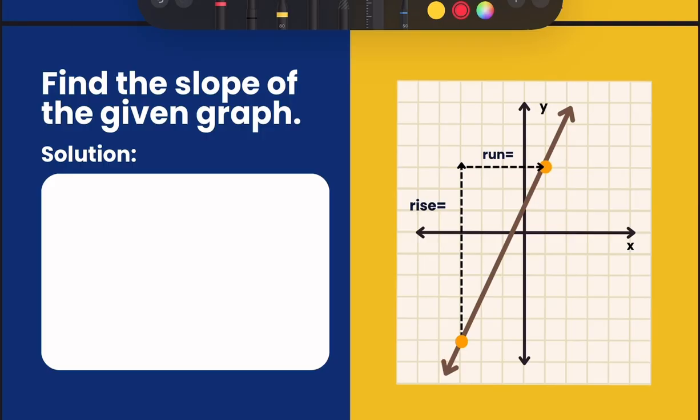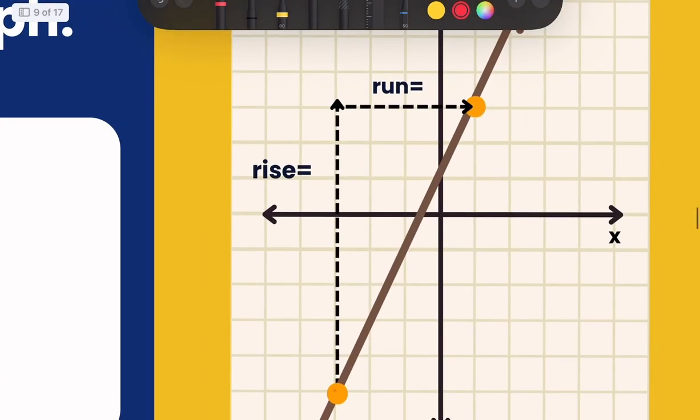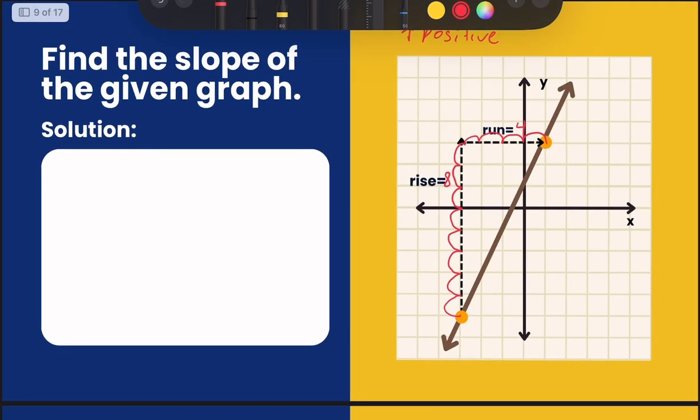This graph is going up, which means that it's going to be positive. Let's count how many times it rises. 1, 2, 3, 4, 5, 6, 7, 8. 8. And the run, 1, 2, 3, 4 times. So that means that this is going to be 8 over 4, which could just be simplified to 2.